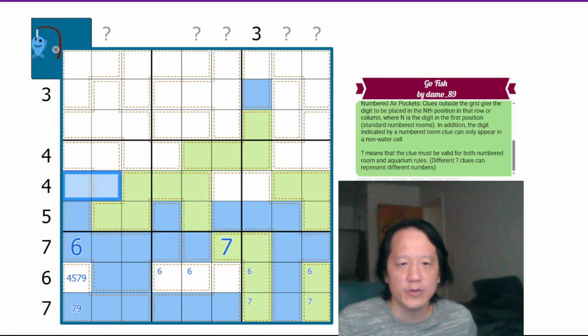That means these have to be water. 4 more here. We have 1 guaranteed water here, therefore this cannot be water here, so that's air, which makes that air there. This is 3, which means this cannot be water, it's air.